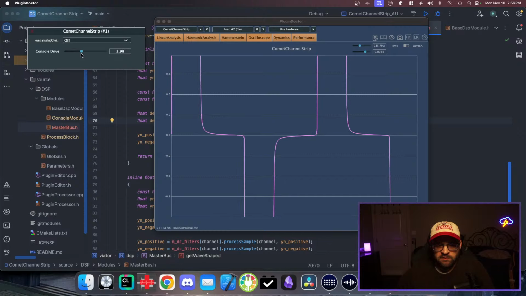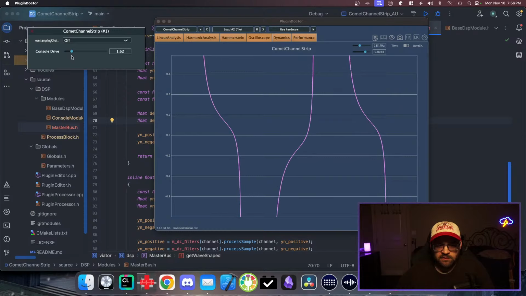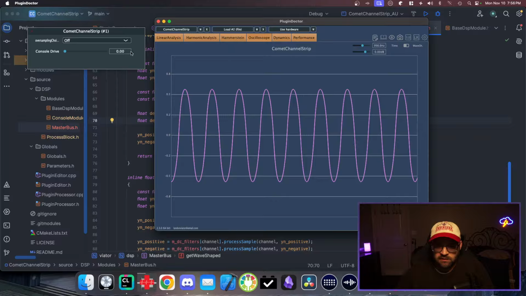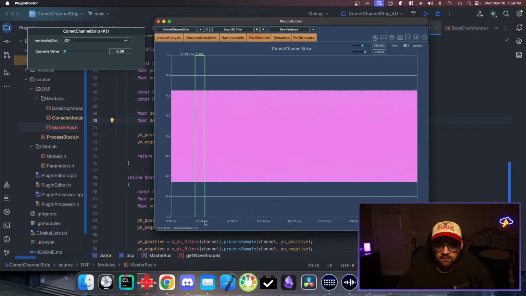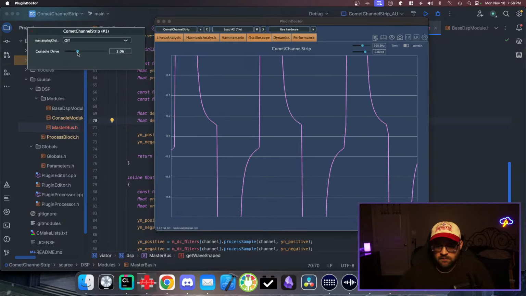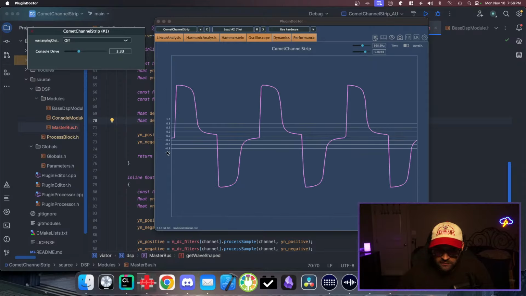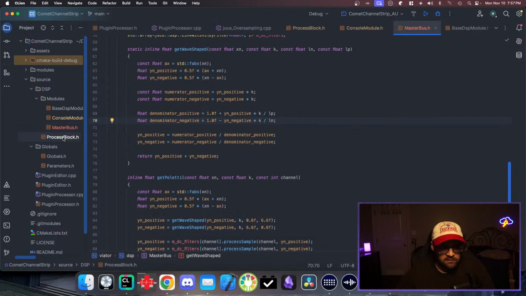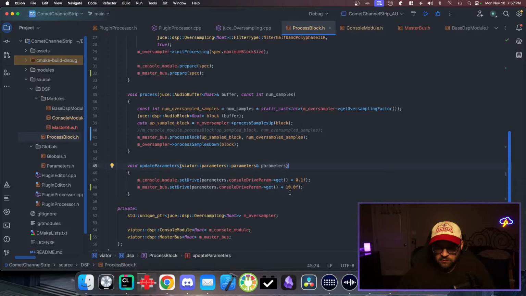Halfway would be 50, so that's like 25. So maybe like 20 is what we actually need. Let me check some different frequencies. Let's go to 1,000 and see what it looks like. Let me zoom in. Okay, it's pretty close. It's similar at least. Let me reduce the amount of gain we get to something more reasonable. So what did I say? A quarter of this. Maybe we'll say 3. 0 to 30 is probably fine.